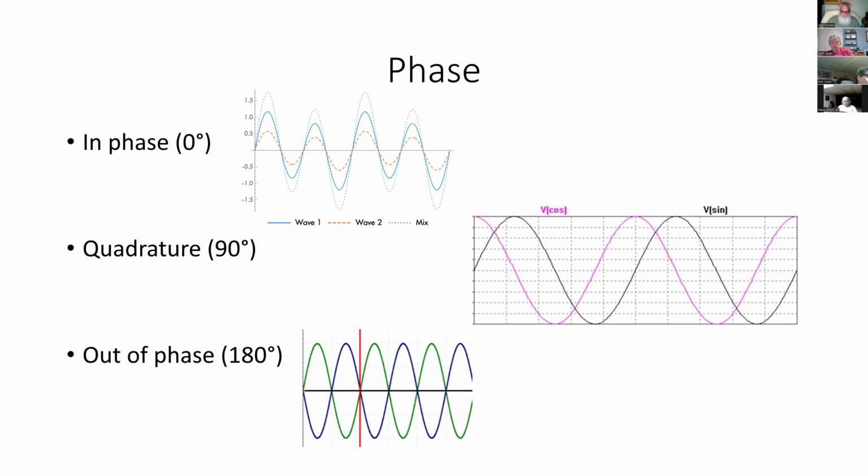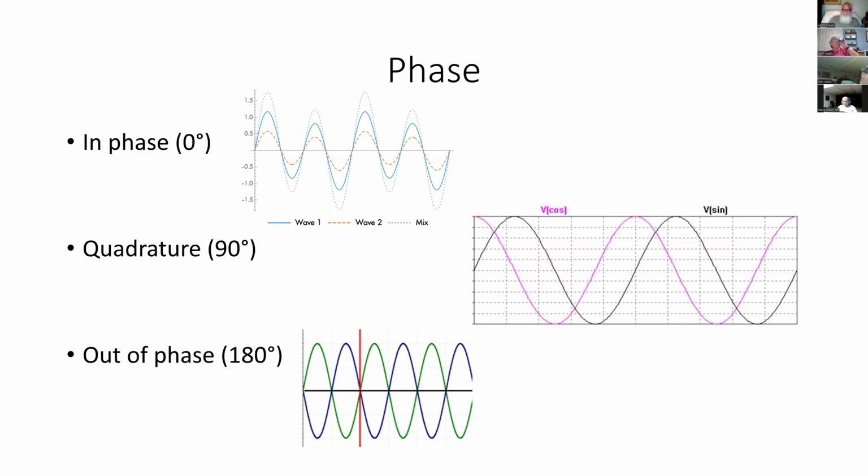The third phase we want to talk about is quadrature, where two signals are 90 degrees out of phase, which is to say, one of them would be, say, the cosine of 2 pi ft, and the other one would be the cosine of (2 pi ft plus 90 degrees).